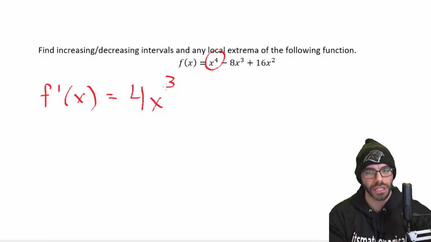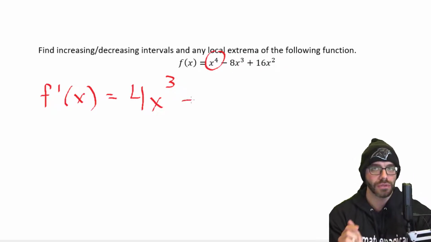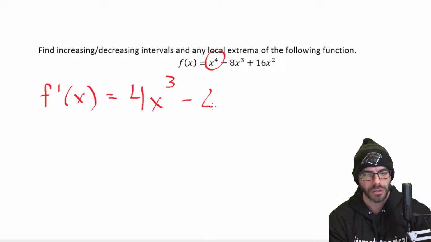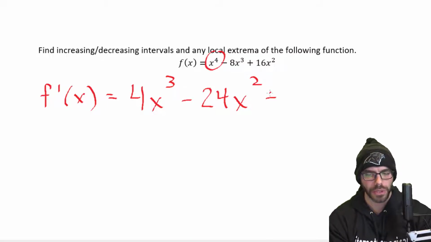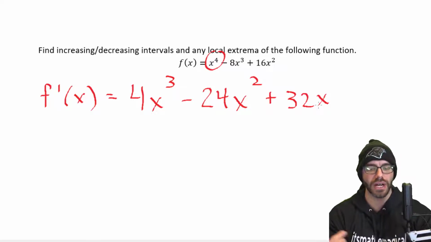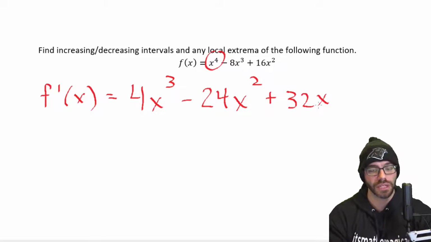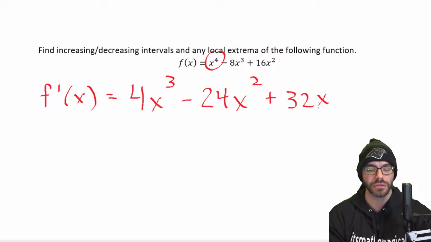And now go to the second term, negative 8x to the 3rd is going to be minus 3 times 8 is 24, decrease the power by 1, so x squared. And then finally, that last term, plus 32x.